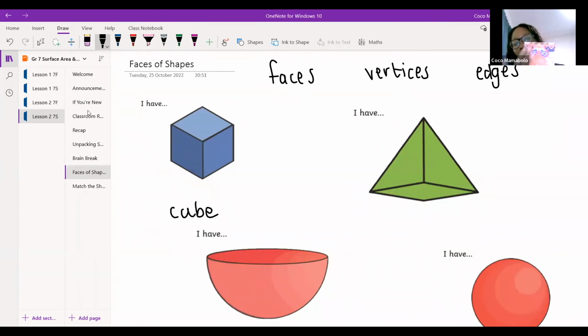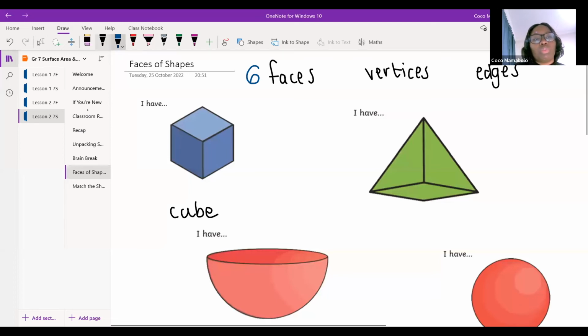I'm going to have my front side and my back side, my top and my bottom, and my side and my side. Good. I'm going to get 6 sides. And the same with my cube. I'm going to have 6 surfaces, but instead of calling them surfaces, I'm going to call them faces. So how many faces do I have? I have 6 faces.